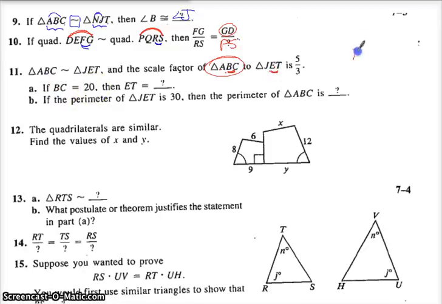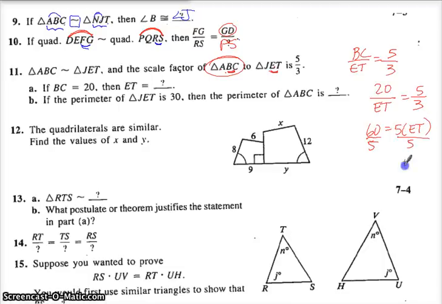So we say BC is to ET as 5 is to 3. So BC is 20, so 20 is to the measure of ET as 5 is to 3. I cross multiply, I get 60 equals 5 times ET. I divide by 5. So the length of ET equals 12. So this answer you should have gotten is 12.